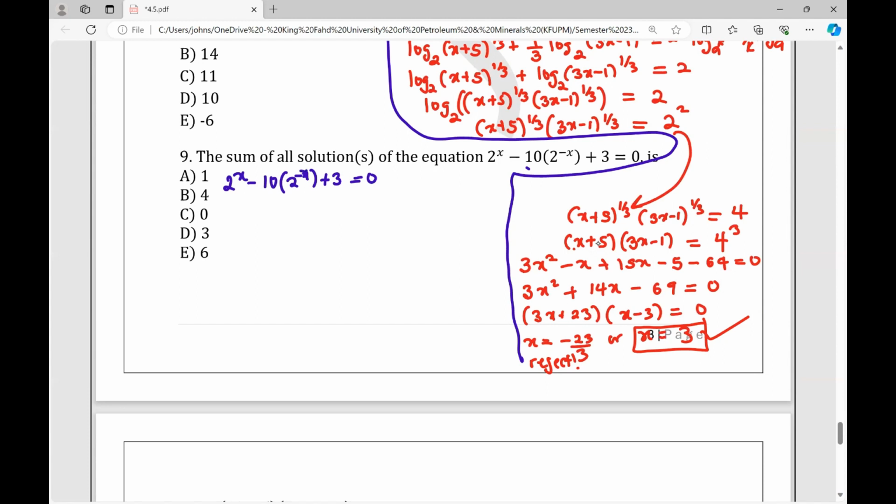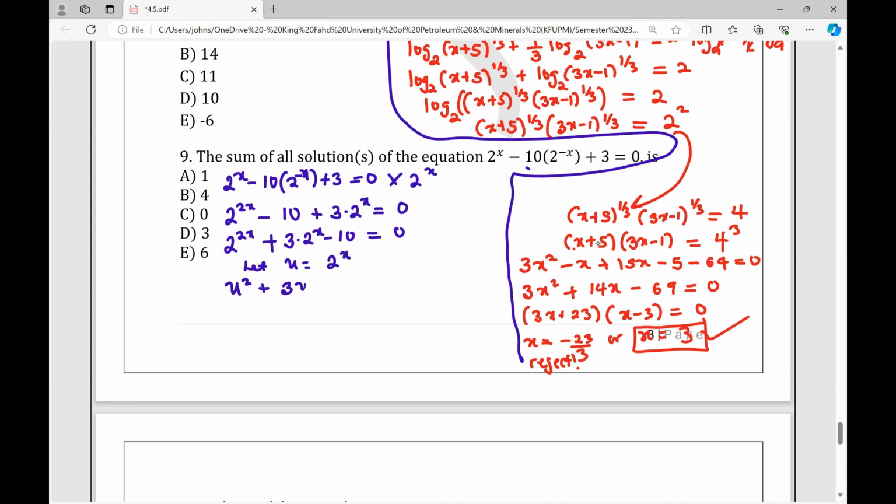Now we can multiply both sides by 2^x, so that here becomes 2 to the power 2x minus 10 plus 3 times 2 to the power x equals 0. Now we can rewrite it as 2 to the power 2x plus 3 times 2^x minus 10 equals 0. So you can let u be 2 to the power x, so that here is u squared plus 3u minus 10 equals 0.